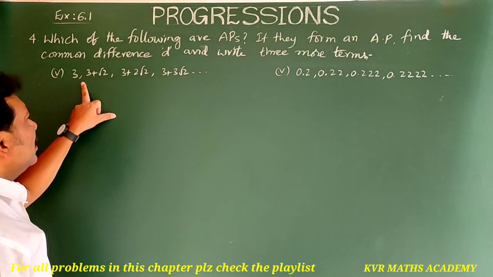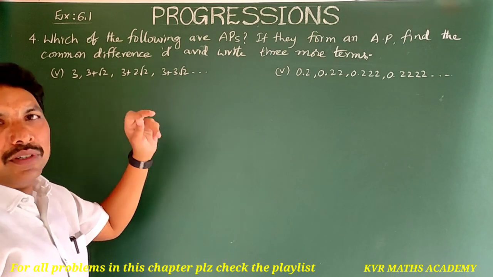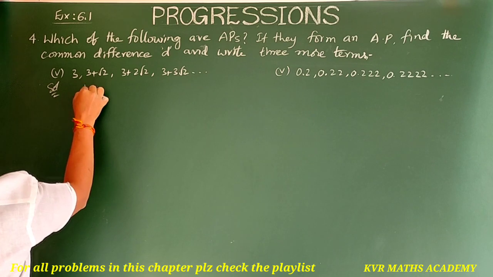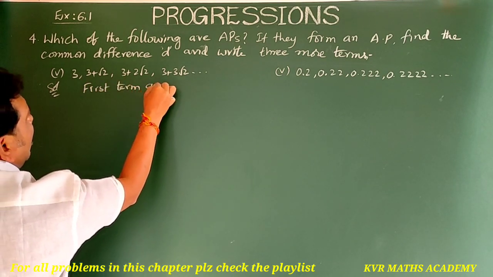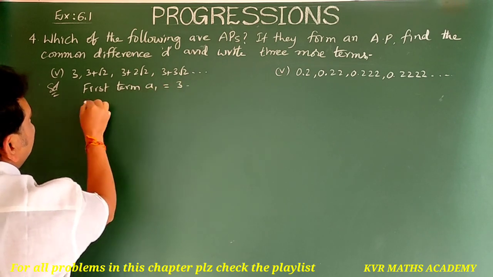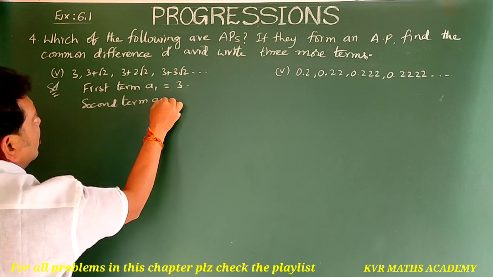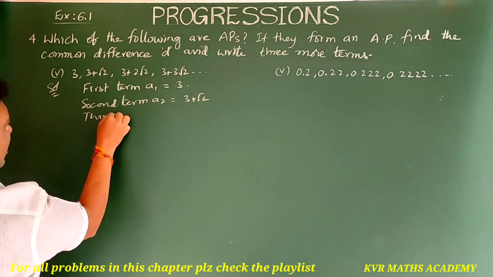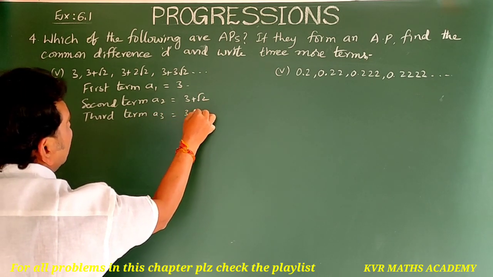Next, fifth question. 3 plus root 2, 3 plus 2 root 2, 3 plus 3 root 2 and so on. Solution. See, first term a1 or a is equal to 3. Next, second term a2 is equal to 3 plus root 2. And third term a3 is equal to 3 plus 2 root 2.